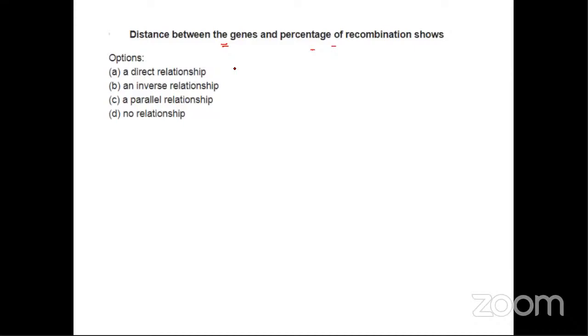Good. Right, please read the question carefully again. What is it asking? It is not asking linkage, it is asking about recombination, distance between the genes and the recombination. They have a direct relationship. As I'm going to increase the distance between the genes, the recombination is going to increase.